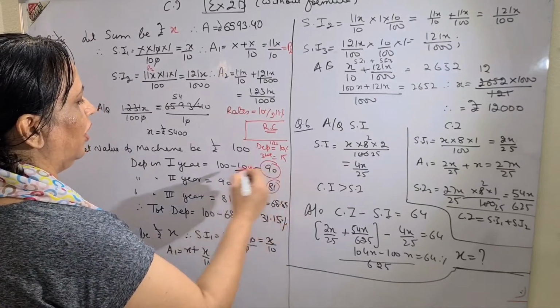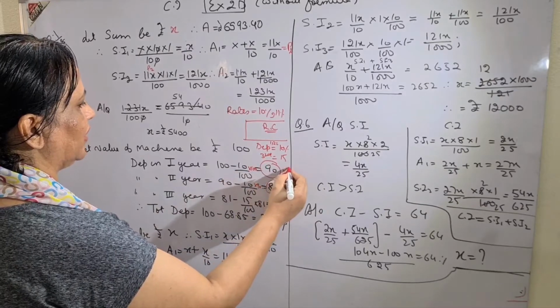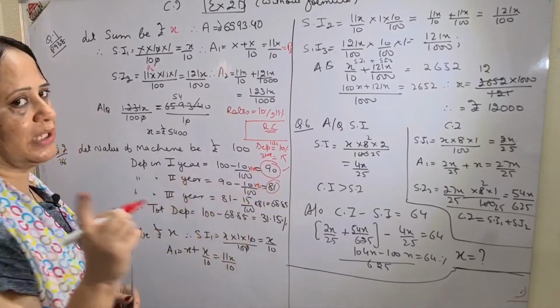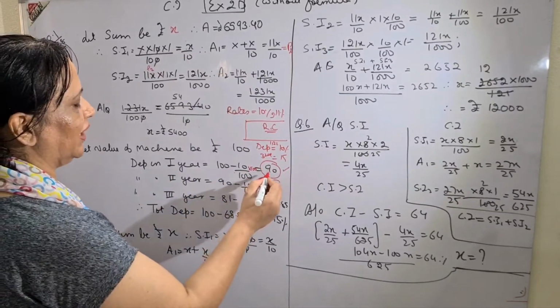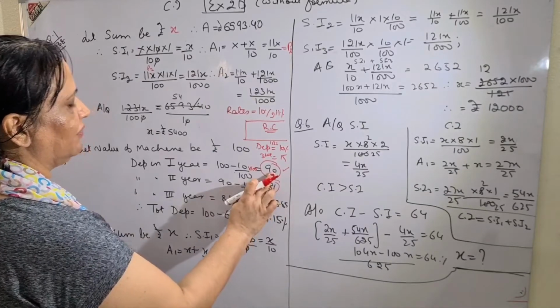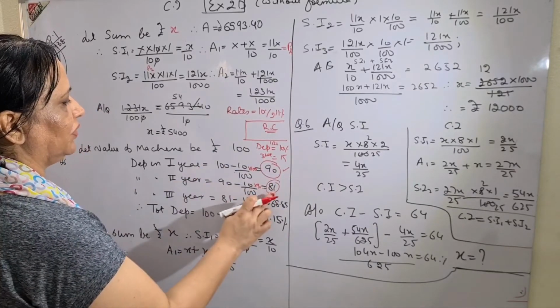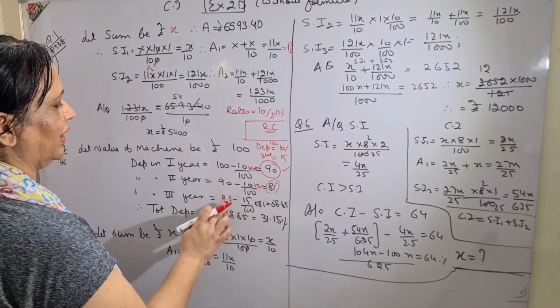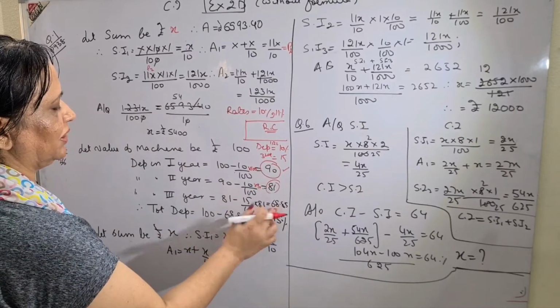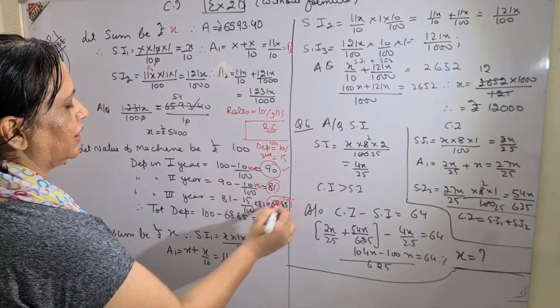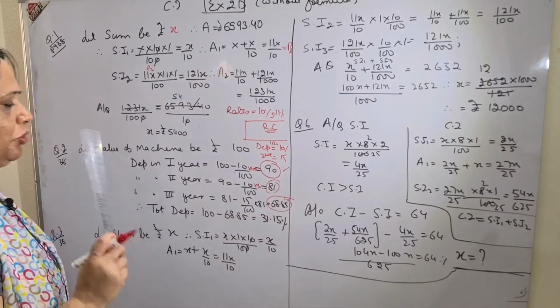Different type of sum, on 100. First I calculated 10% for the first year. It was 10% for the second year also, but I calculated on the value left after the first year. Then this was 81, again the value left after the second year, but it was 15%, so this is your 68.85. He asked me total depreciation.